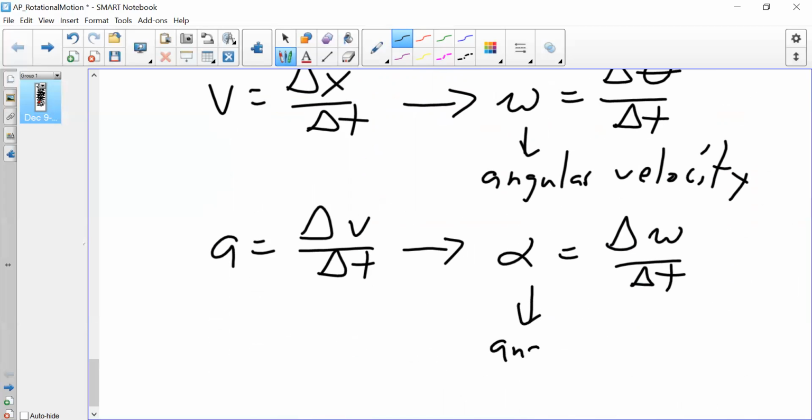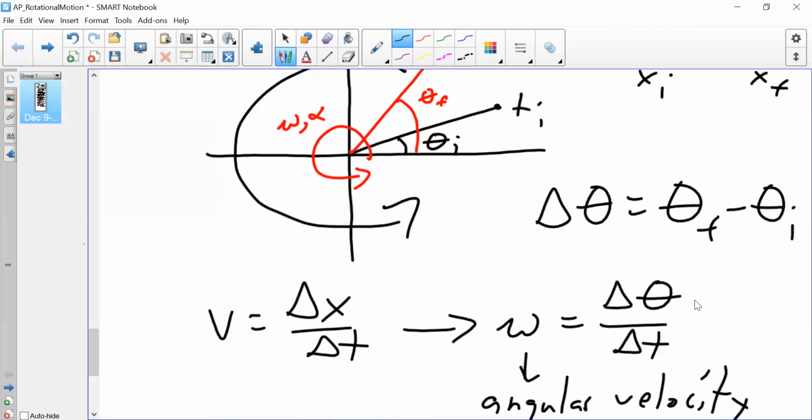Here is angular acceleration. Questions, comments?